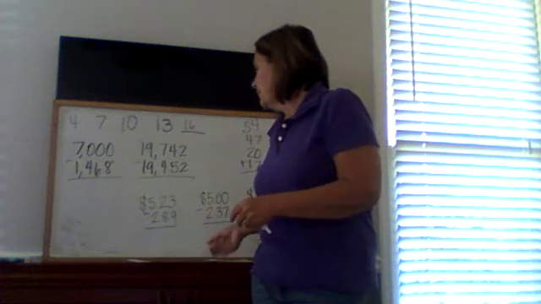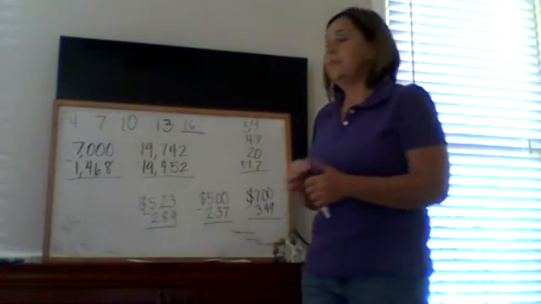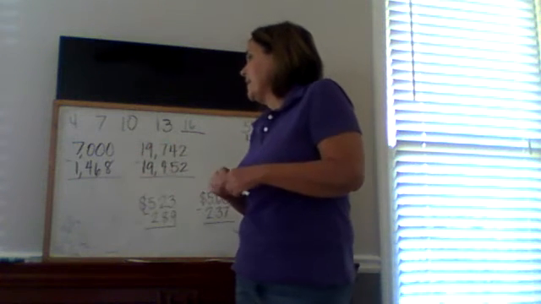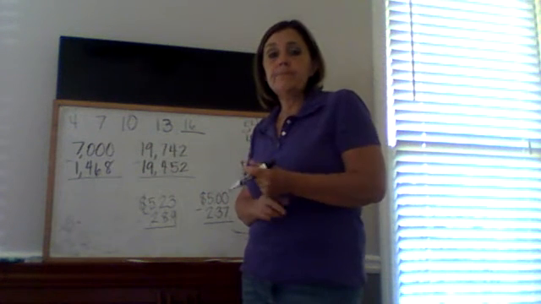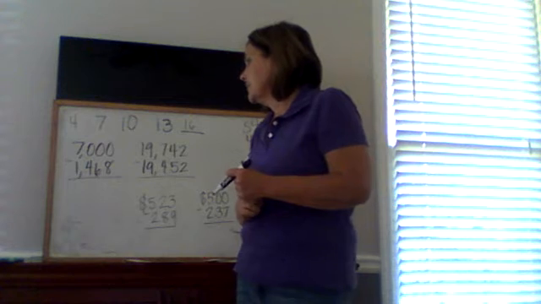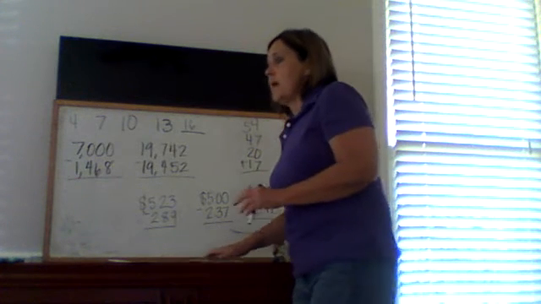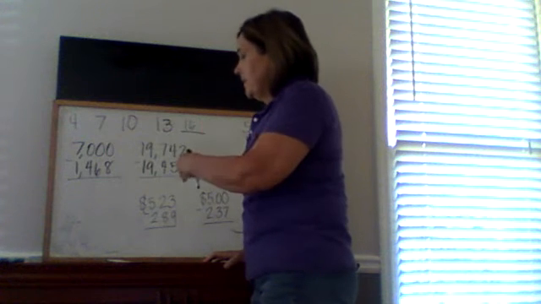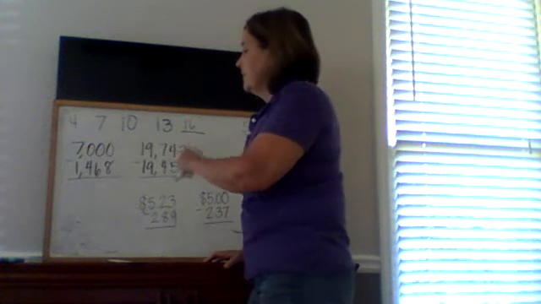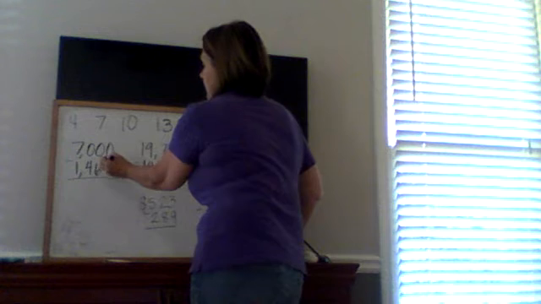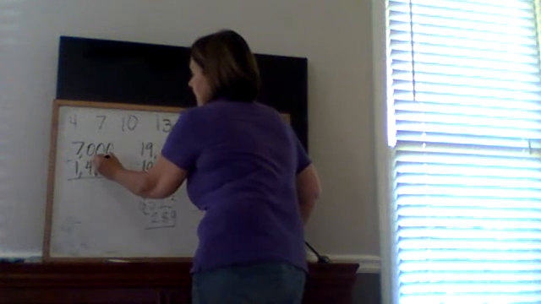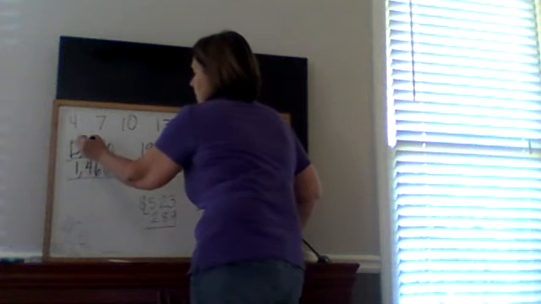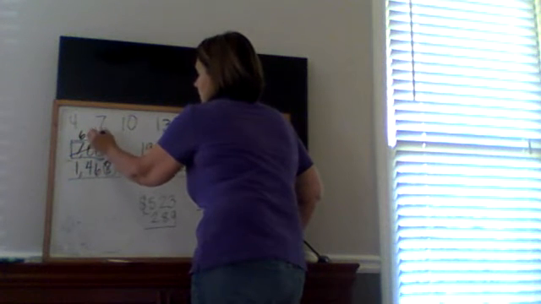Now I want you to do these on your board. So write it down, pause your video. Okay, when I look at this problem, I always start in the smallest place value. And this will be in the ones. And I see that the bottom is bigger. And because I'm subtracting across zeros, I'm going to treat this as 700 tens and borrow 1.